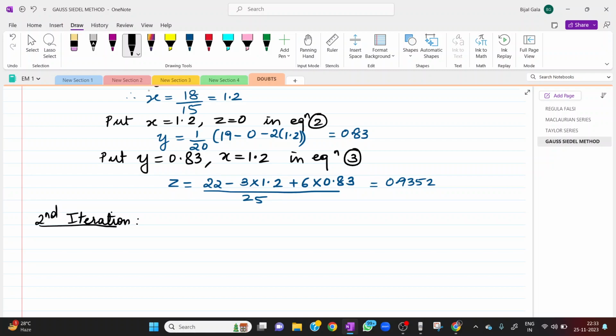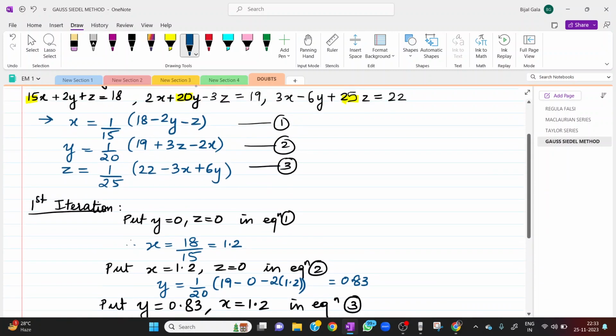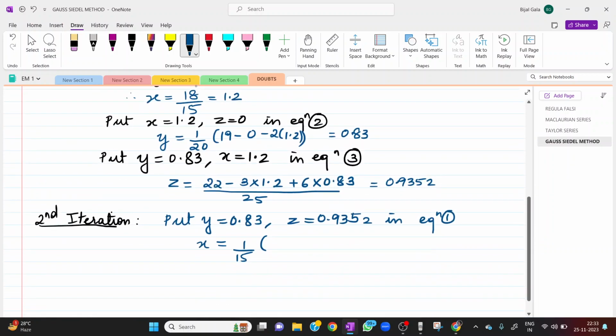In the second iteration, we start with x and we put the freshest values of y and z there. So we put y is 0.83 and z is 0.9352 in equation 1. So I get x is equal to 1/15 था यहाँ पे. That's what I remember. And 18 minus 2y minus z.